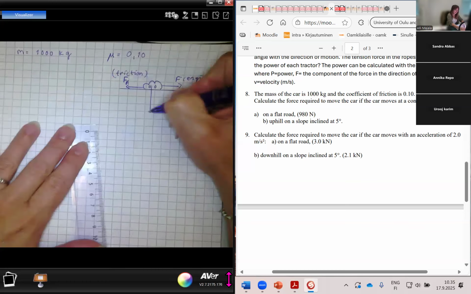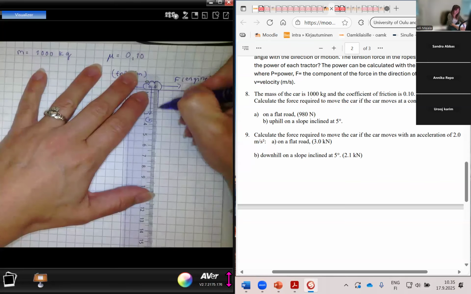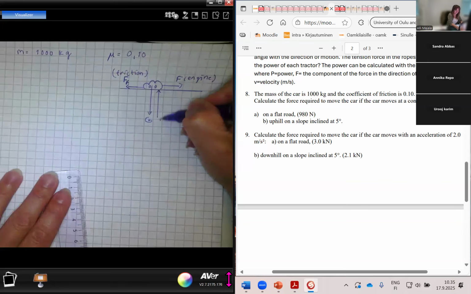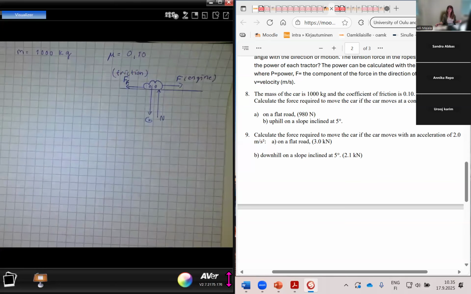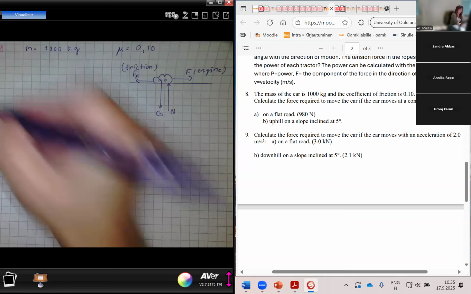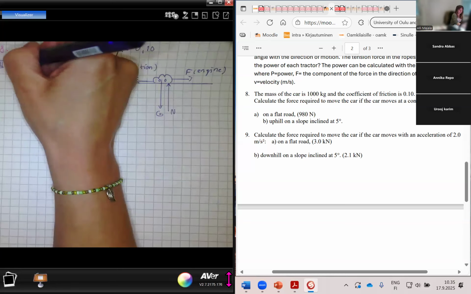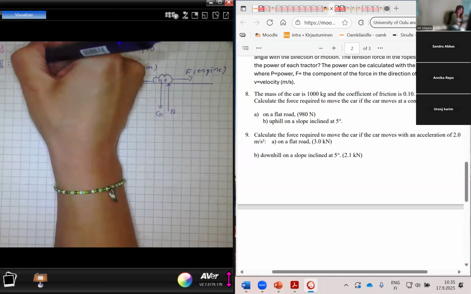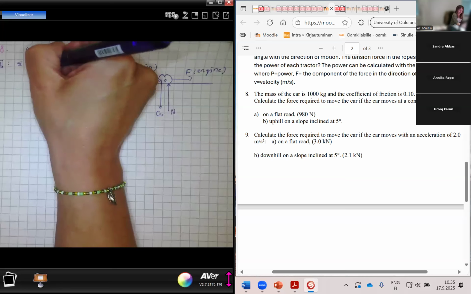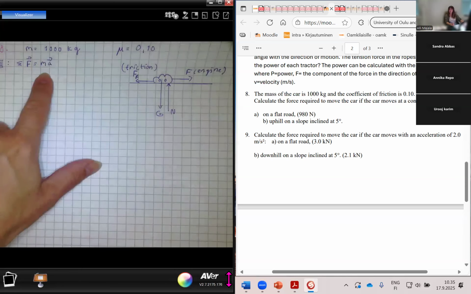So there was the G, I mark it with G, and then there was the N. And now we would need Newton's second law, which was all the forces calculated together towards a certain direction are mass times acceleration.